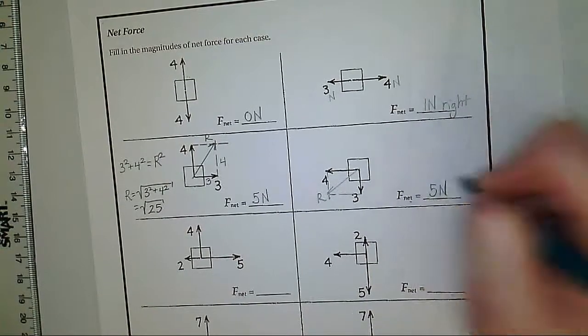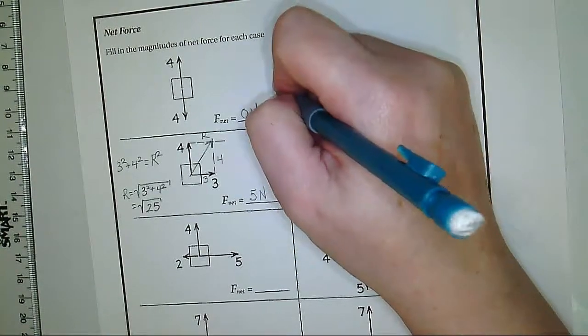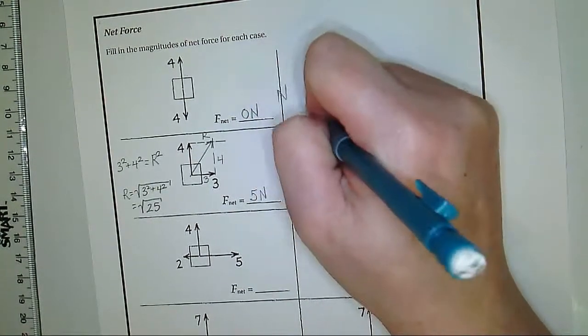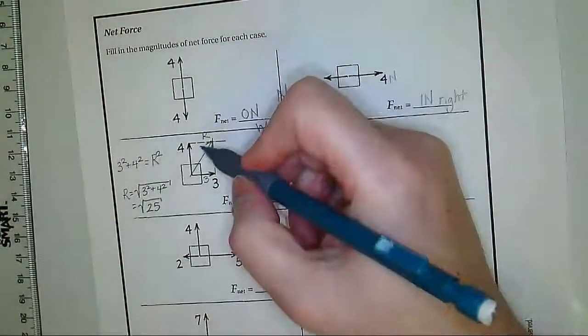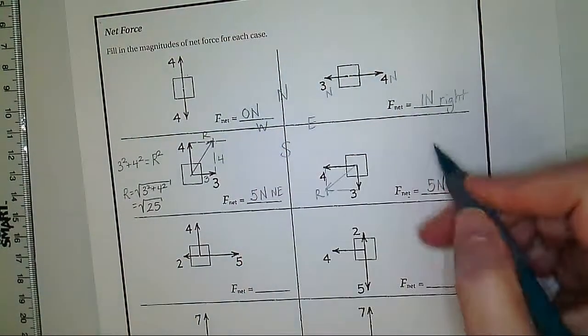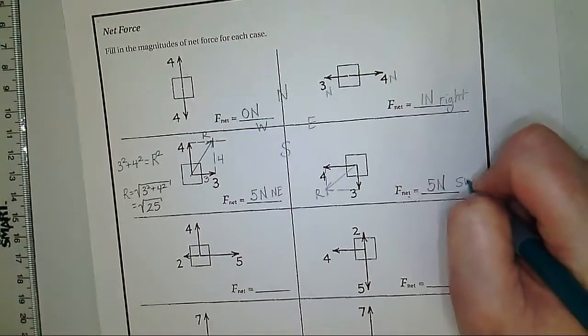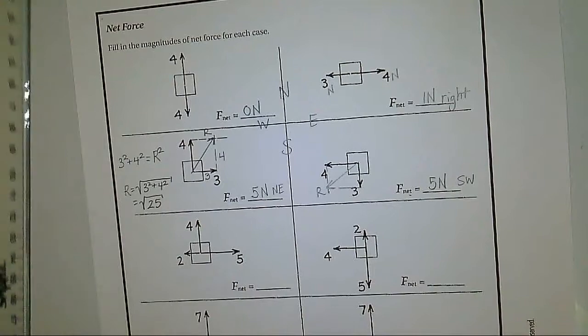So it's 5 newtons. It's just in a different direction. Like if we used north, south, east, west, right? We would say this one is 5 newtons northeast, and we would say that this one is 5 newtons southwest, okay, for our direction.